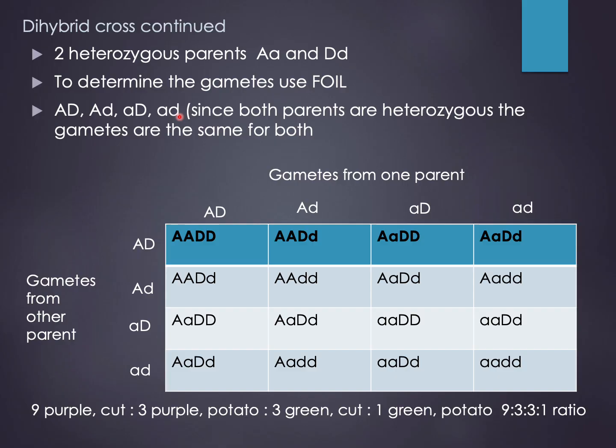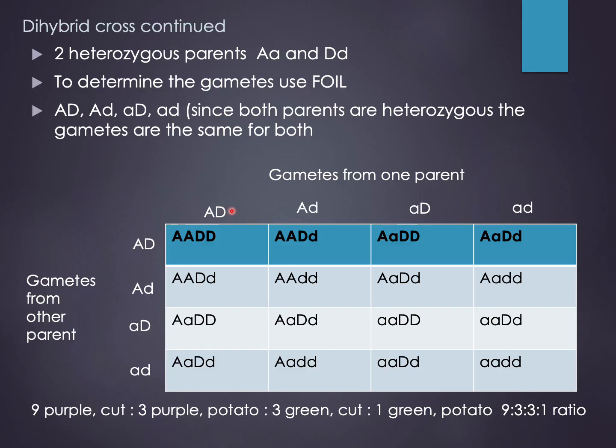In this case, since both parents are heterozygous, their gametes are going to be the same. Using this FOIL method is going to allow you to get all possibilities for the gametes. If you had one parent that was heterozygous and a different set of circumstances for the other parent, you would have to FOIL again. But in this case, since they're both heterozygous, you're going to make your Punnett square.